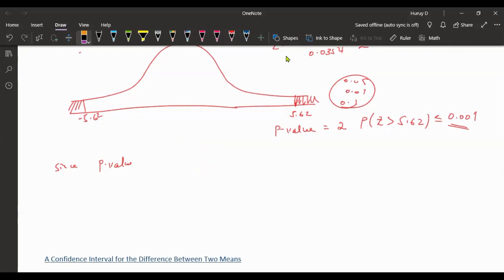You can just put it that way. Since the p-value is very low, this is good enough. If I say very low, it's smaller than the alphas. We reject H sub naught.